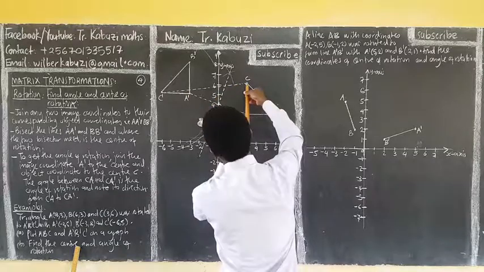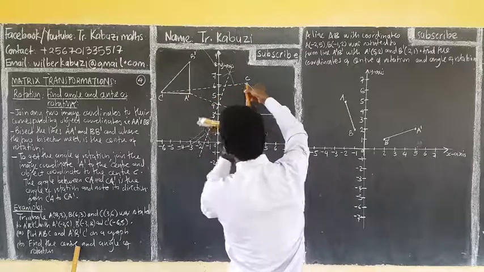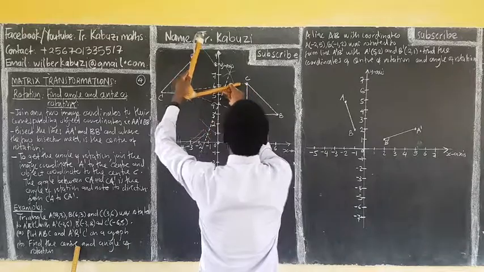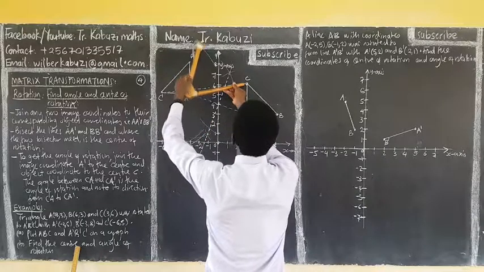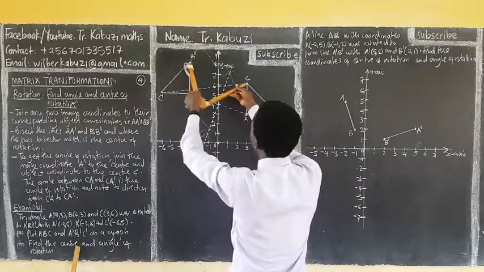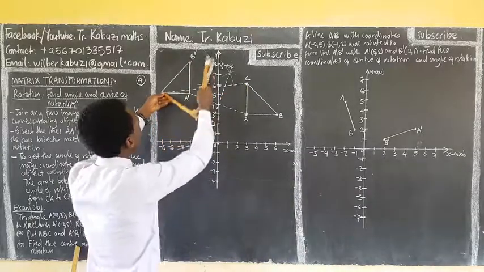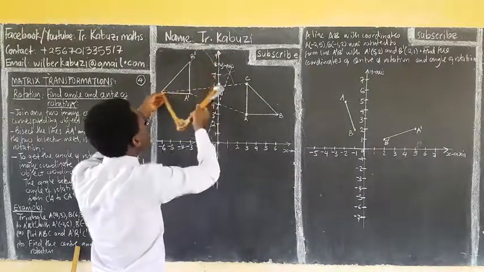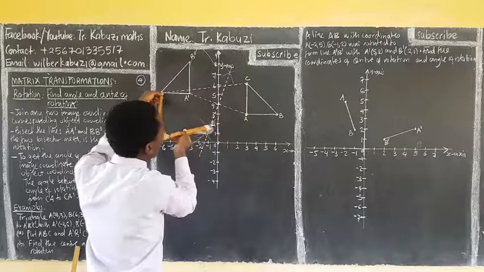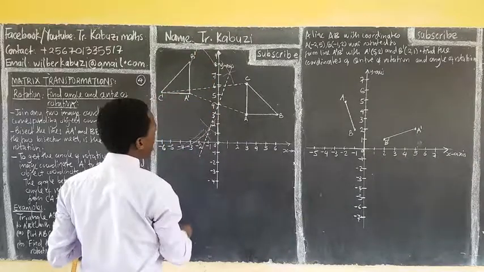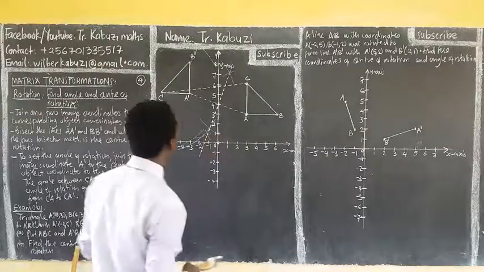Then you also draw it this side. Then you bisect C C prime. This is where it will be. Then they will meet around here.